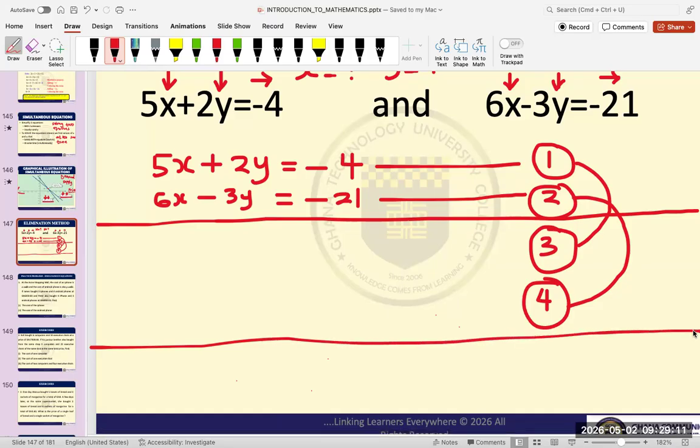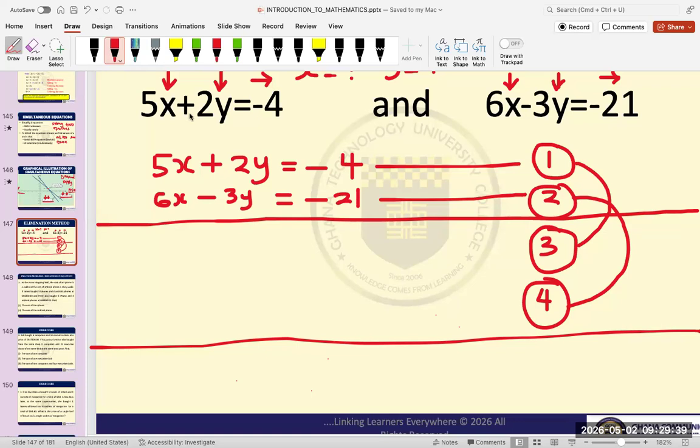I repeat. After labeling equation 1 and equation 2, rule your line this way. And then we are changing equation 1 to become equation 3, and equation 2 to become equation 4. After that, rule your line again.